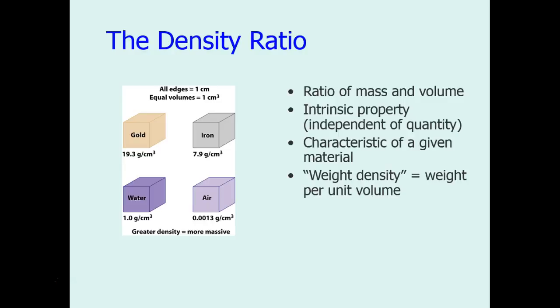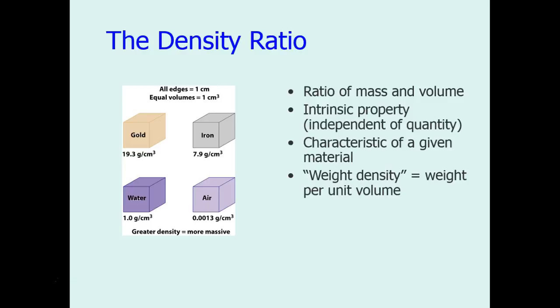If it was iron on the inside, that's only 7.9 grams per cubic centimeter. So if it was somewhere between 8 and 19, it probably had iron in it, or something else. Water, now remember water? That's what we first measured a gram by. 1 cubic centimeter was exactly 1 gram. So that's exact. That's our standard. In fact, water is our standard for so many things. We'll see it over and over and over. That's our 1 gram per cubic centimeter.